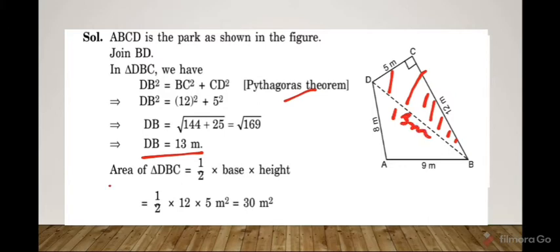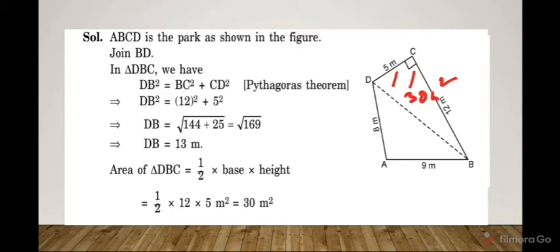Now for triangle BCD, you will use half into base into height. BC is the base and CD is the height. So half into 12 into 5 is equal to 30 meter square. So the area of this triangle is 30 meter square.